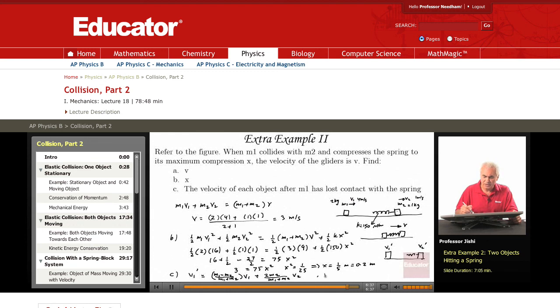And there's a similar formula for V2 prime. You simply interchange 1 and 2 here. So that V2 prime will be M2 minus M1 over M1 plus M2, V2, and so on. So using the formulas obtained in the lecture for V1 prime and V2 prime, we can obtain the velocities after the object 1 has lost contact with the spring.